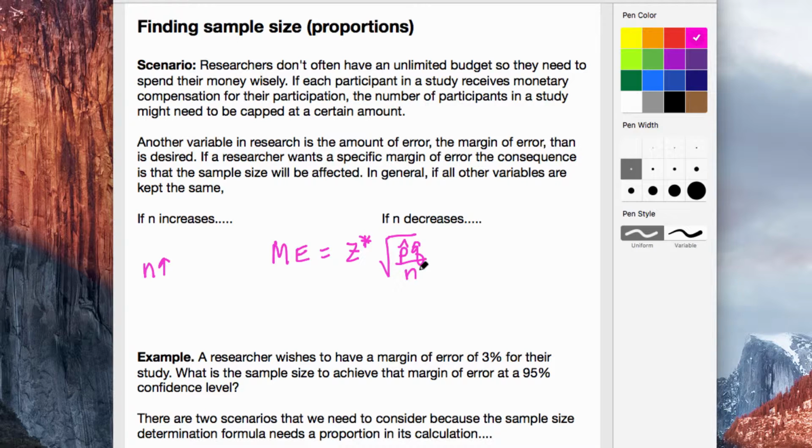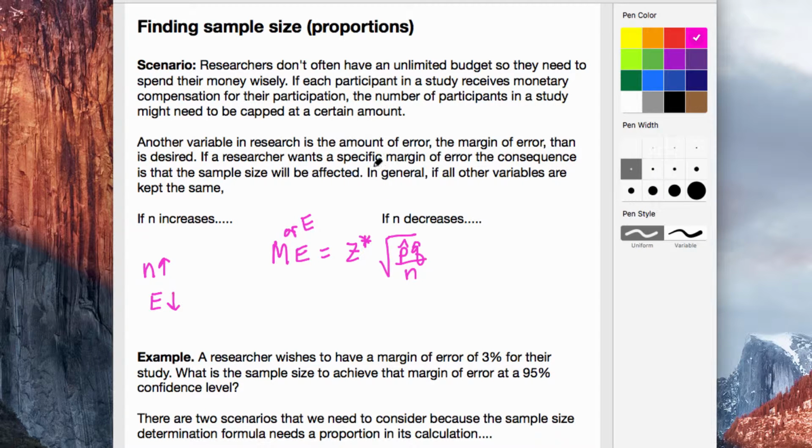Imagine taking a pizza and then instead of having 100 friends, you have 1,000 friends. Hardly anyone is going to get a slice of pizza because it's divided among so many people. So dividing by a larger n makes a smaller number. You take a square root, you multiply. Still, you're going to get a smaller margin of error. So as your n increases, your error is going to decrease. I'm going to write in here, ME or E.